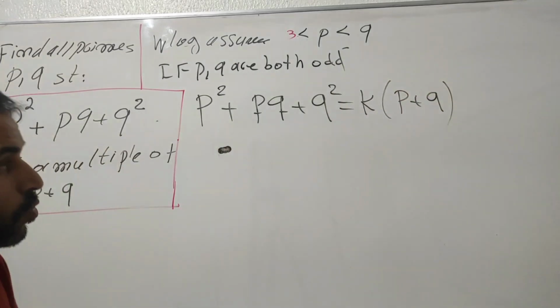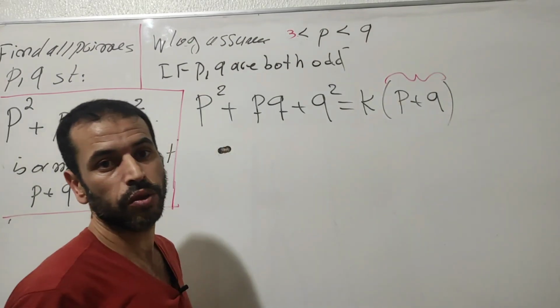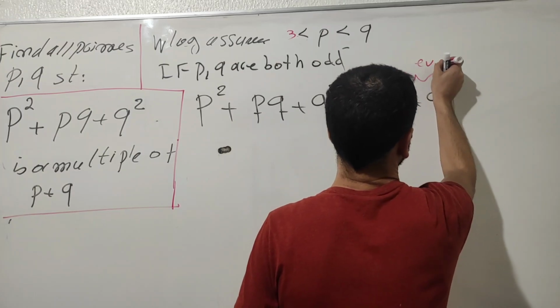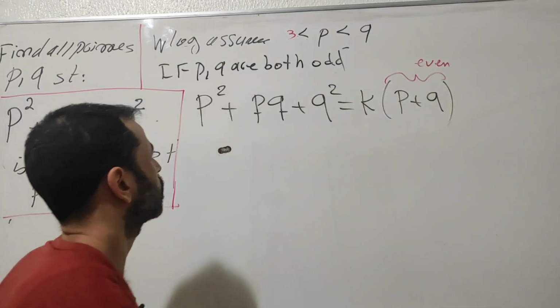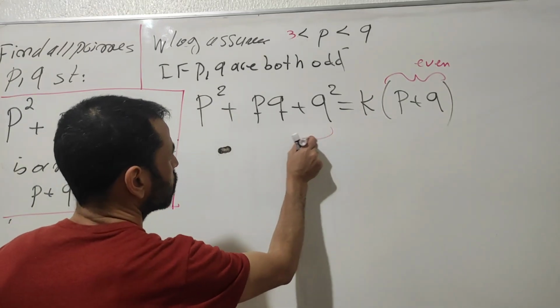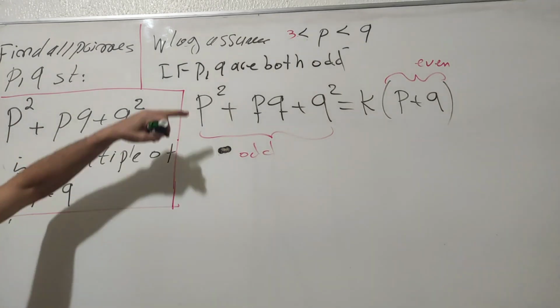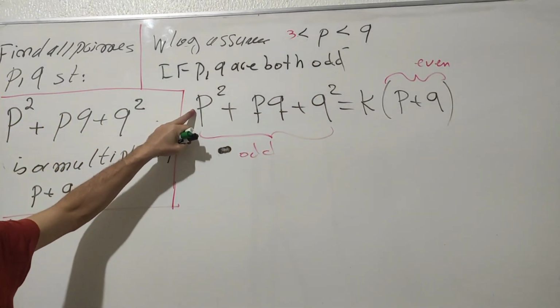If you take a look carefully at this sum, since both are odd, if you sum them you will get even. So the right hand side of this equation is even, but this one is odd. Why? Because p squared is odd plus q squared is odd, the sum of them must be even.